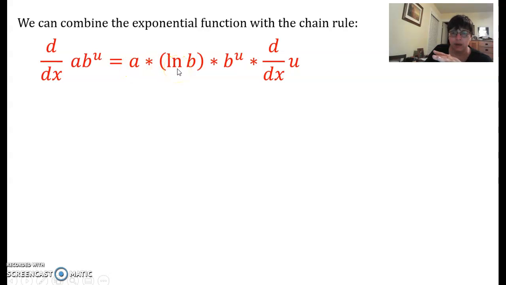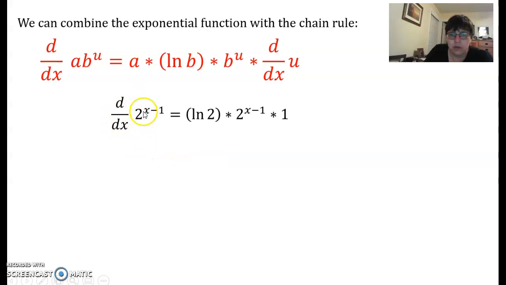We take the natural log of the base and rewrite the base with the exponent, the function in the exponent. But then we have to take the derivative of the exponent. So we just chain on an extra piece. So the derivative of 2 to the x minus 1 is ln of 2 times 2 to the x minus 1. And this function stays the same.